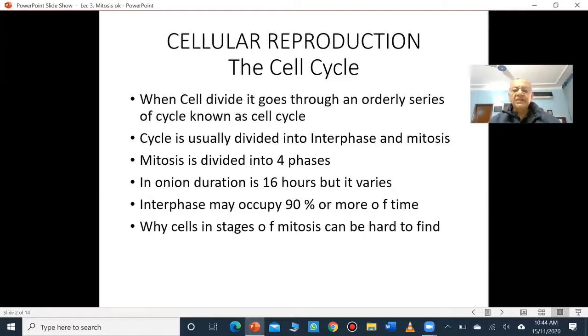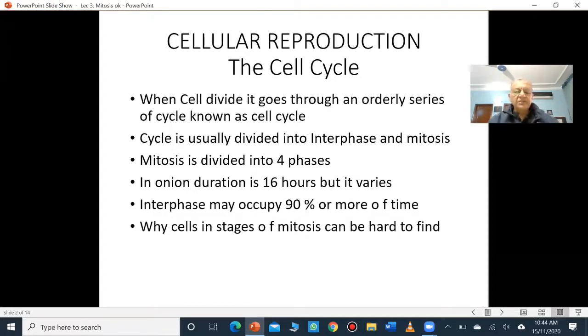The cell cycle is divided into interphase and mitosis, and mitosis is divided into four phases. Usually in plants, mitosis is studied in onion, so we are going to study mitosis in onion cells.